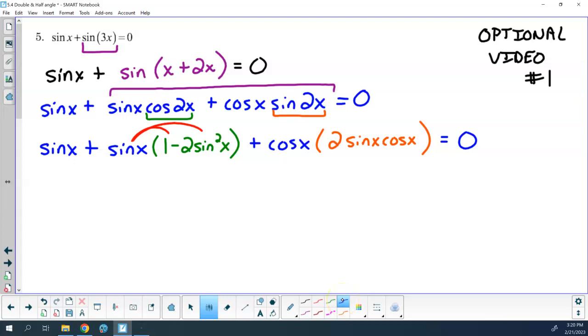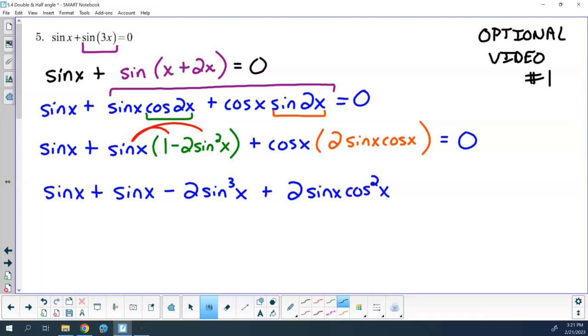So then this is going to become sine of x plus sine of x minus 2 sine cubed of x. I can multiply the cosine into the other one, so then this is going to become plus 2 sine of x cosine squared of x equals 0.